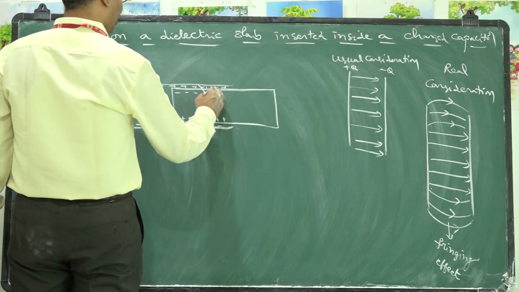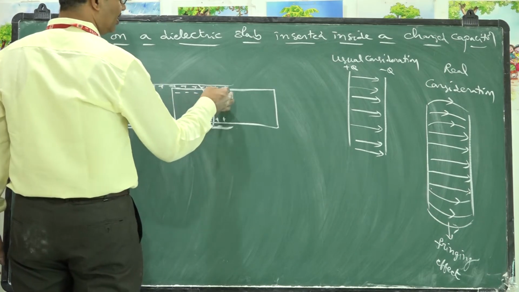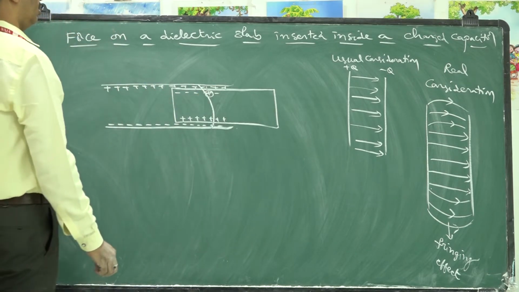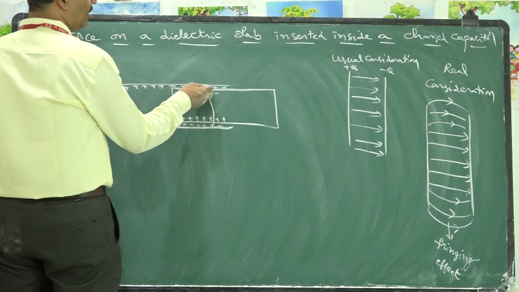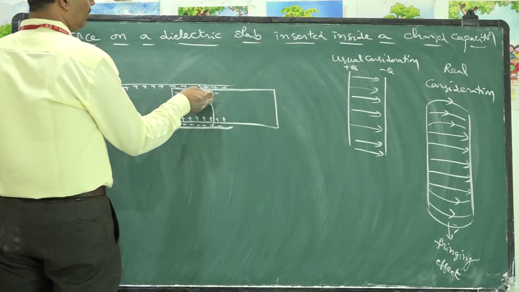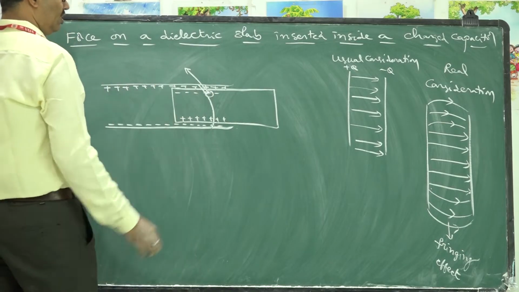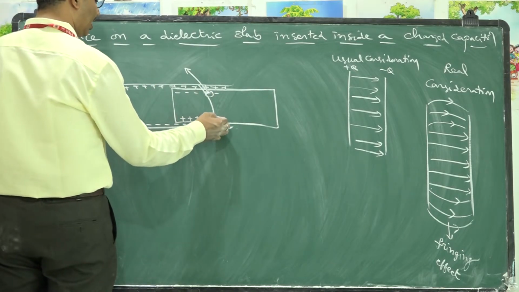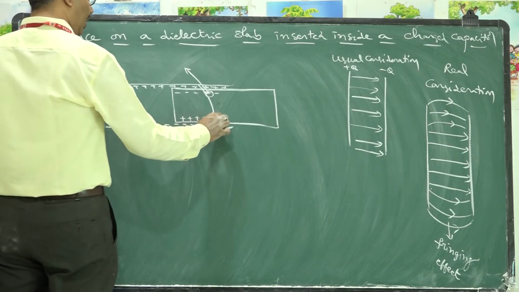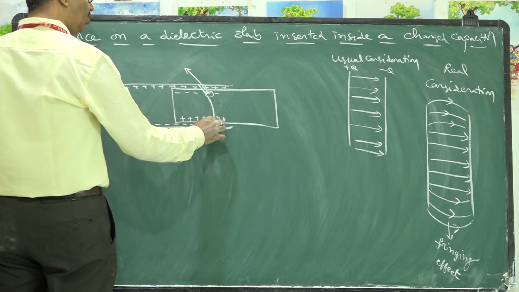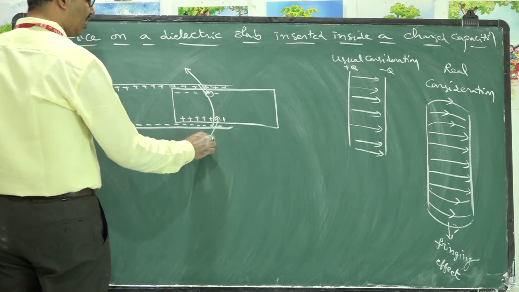If I consider a negative charge here inside the dielectric, that negative charge is getting attracted by the positive charge on the plate in this direction. Similarly, if I take a positive charge inside the dielectric, it is attracted by the negative charge on the plate of the capacitor in this direction.